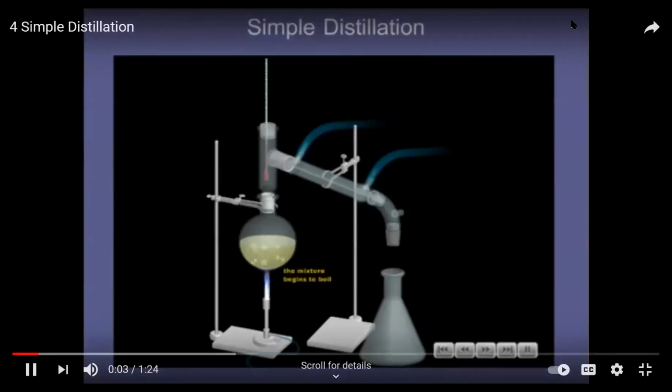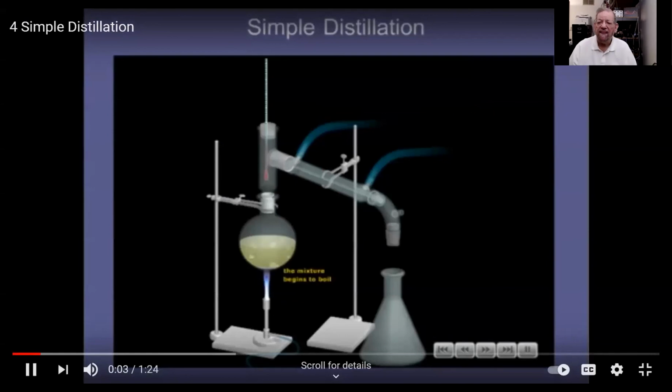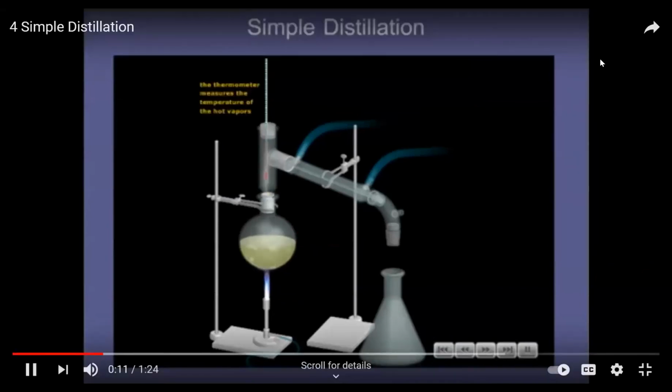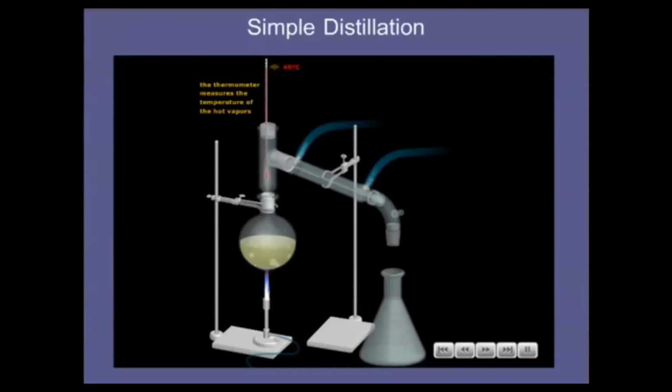When performing a distillation, first the condenser is filled with cold water. Next, heat is applied to the mixture which is to be distilled. The mixture is heated until it boils, and the hot vapors will travel up to the distillation head. Measuring the temperature of the vapors helps us to identify the liquid being distilled and will help to confirm its purity.